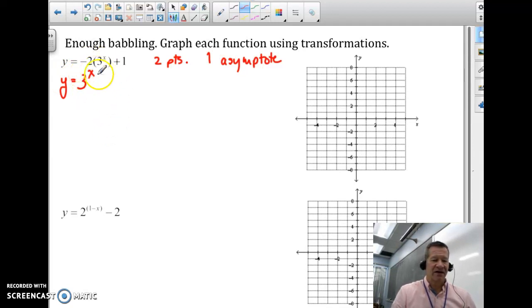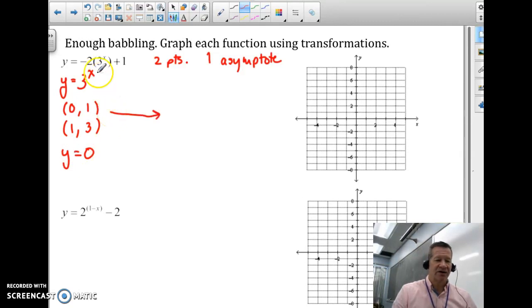Everything else besides the base and the exponent of x will be a transformation. So you notice, if I have 3 to the x, first of all, when I put 0 in, 3 to the 0 is 1. When I put 1 in, 3 to the first is 3. And then we will have an asymptote at y equals 0.